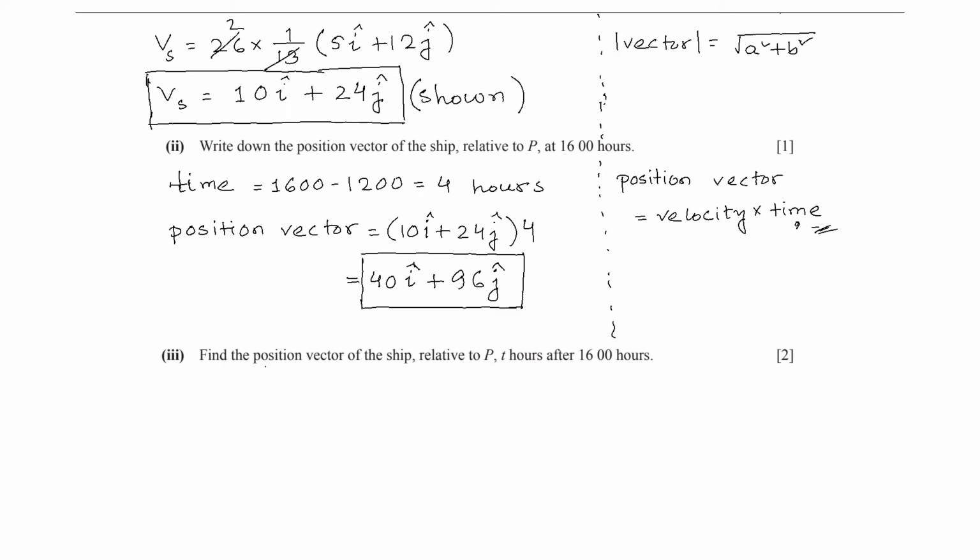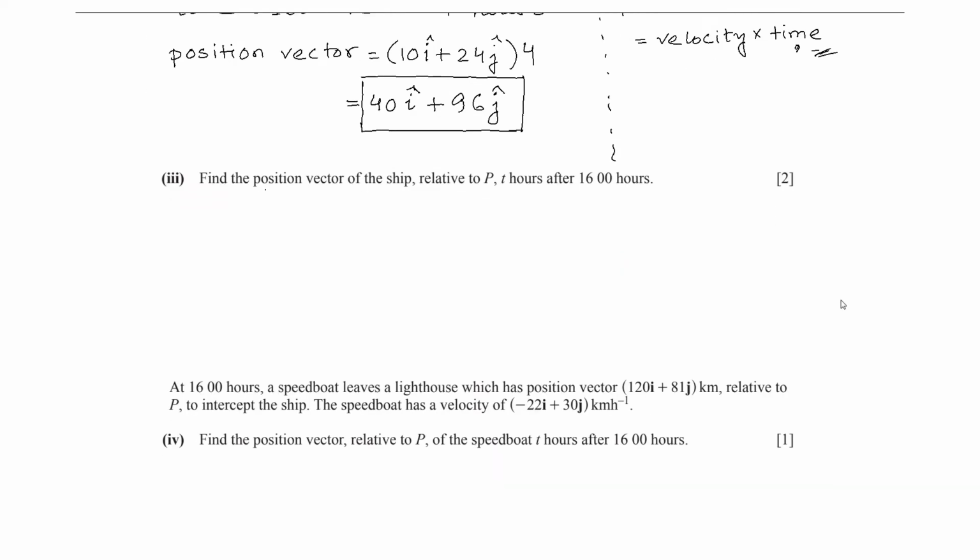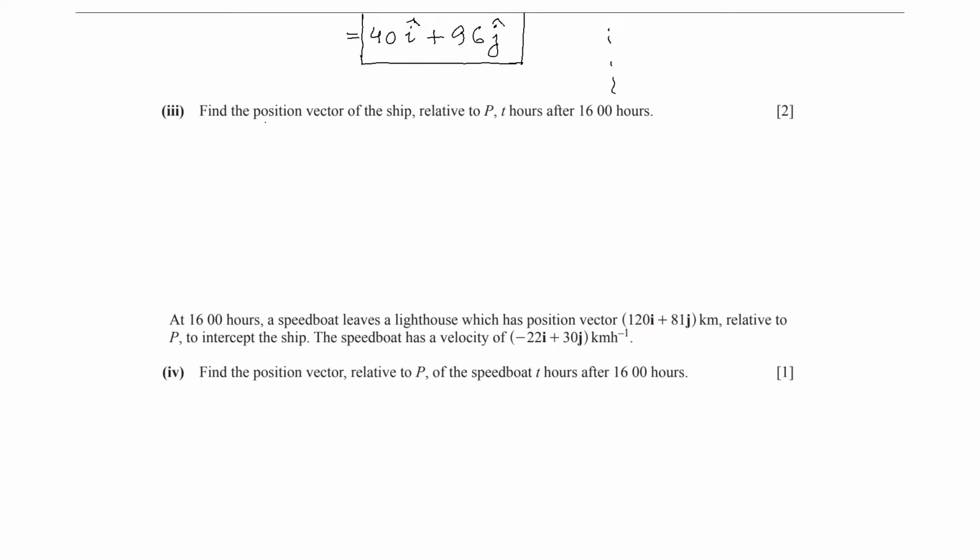Now let's move on to the third part of this question. Let me adjust the page a bit. Okay, now in this part of this question, we have to find the position vector of the ship relative to P t hours after 1600 hours. That means we have to find the new position vector of the ship relative to P exactly t hours after 1600 hours.